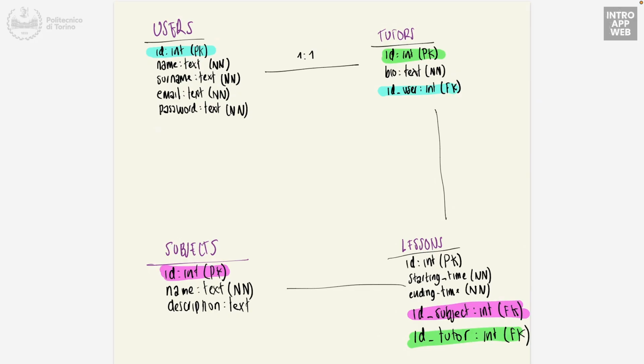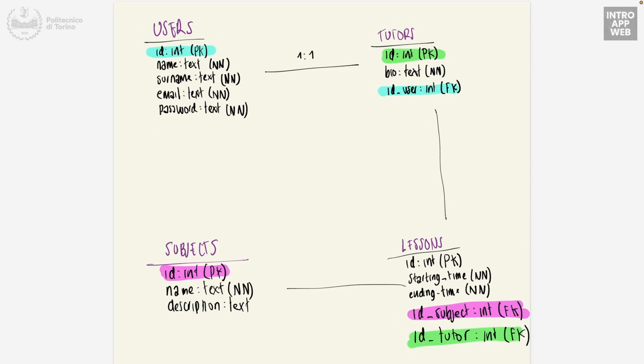Okay, does this make sense? That a lesson is taught by a specific user and on a specific subject, okay? That is what I'm trying to represent through those two attributes that I set there. So a lesson is associated to a specific subject and is taught by a specific tutor. Does it work? Yes, I think it works, right?